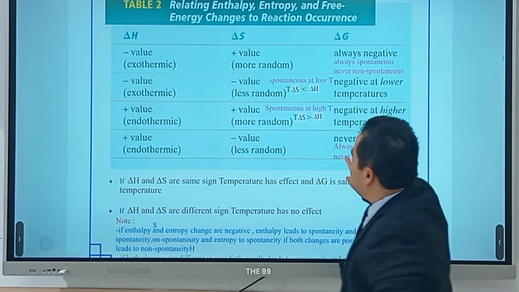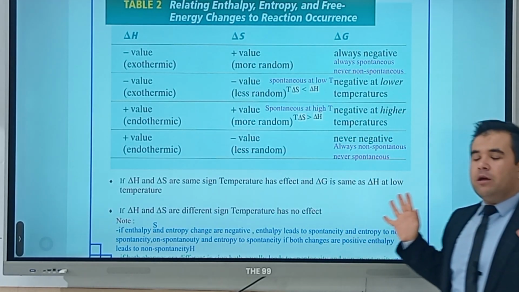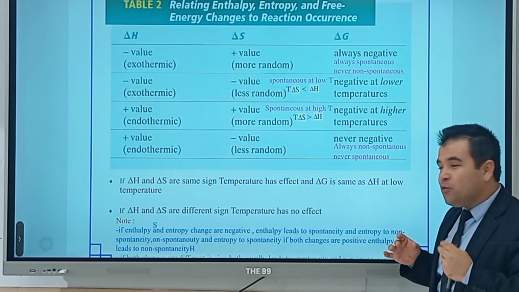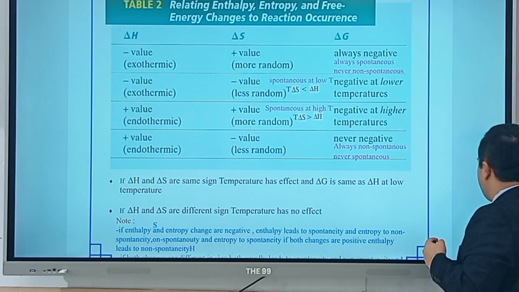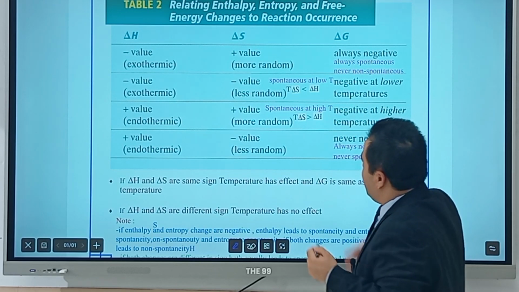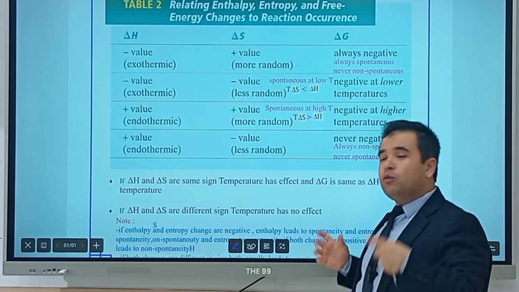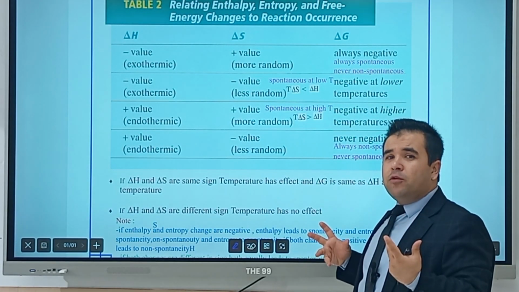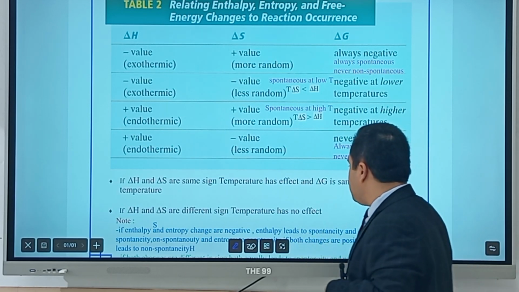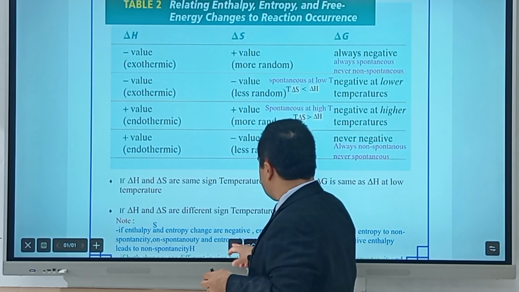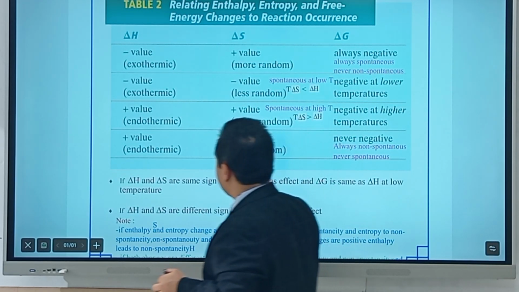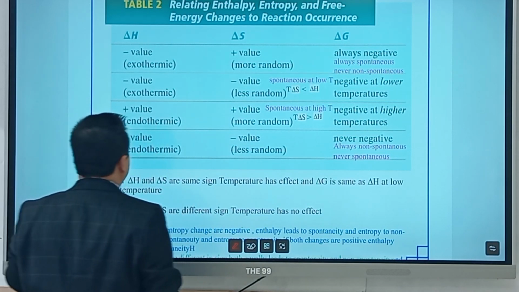We have got 4 sign combinations of enthalpy and entropy. In each, let us determine what will happen to the spontaneity. I have provided the notes here, but let me show you how to determine the sign of the Gibbs free energy without memorizing this table, and how to know whether the reaction becomes spontaneous or non-spontaneous.